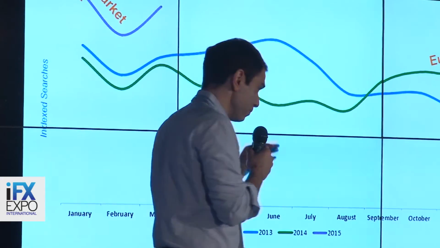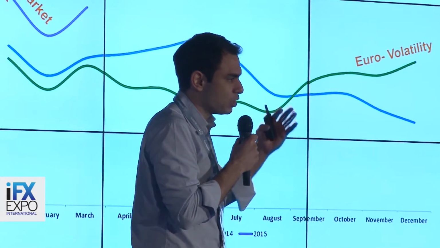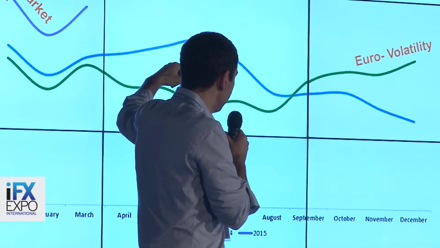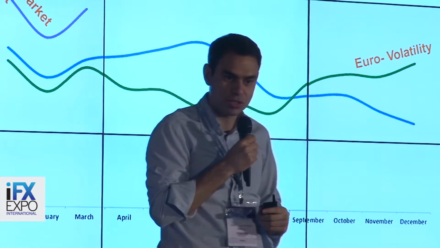So let me explain. 2013 was a year of low volatility, especially in the second half, if you remember. So after the summer, we see the blue line going down. This trend continued in 2014 as well.